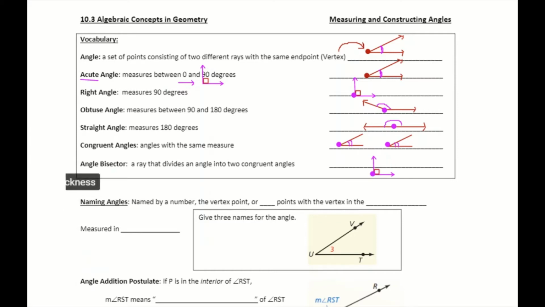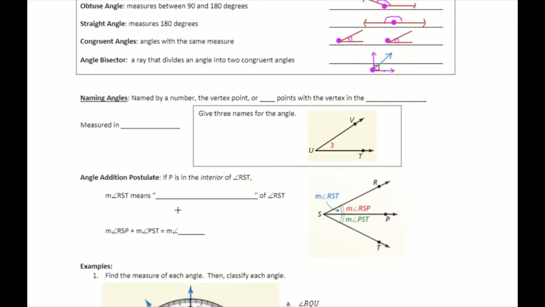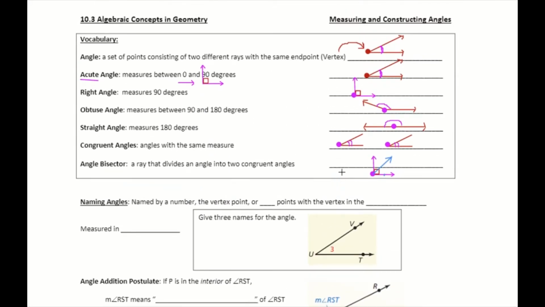So you would want a 45-degree angle, right? If I draw this precisely to where it's cutting this angle in half, where this angle is equal to this angle, that's what we call an angle bisector. Any problem that refers to an angle bisector is saying that you're going to cut this angle into two congruent angles. I don't want to get ahead of myself.